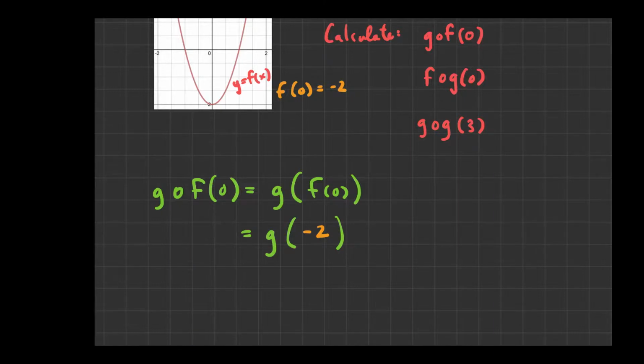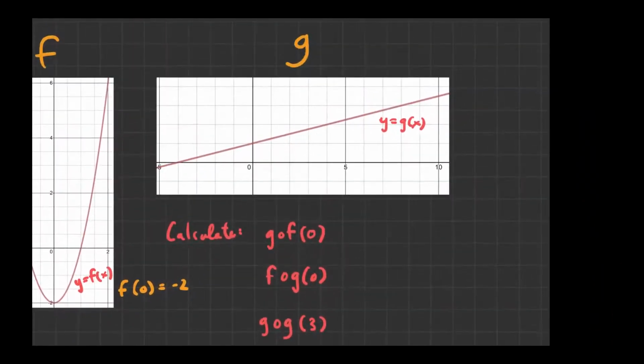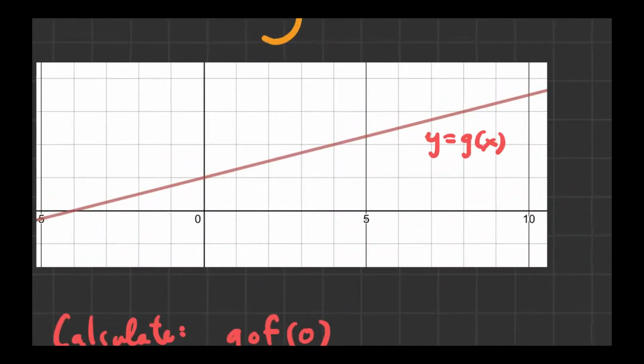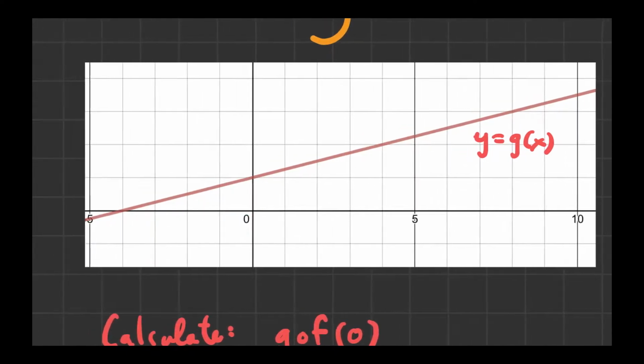Now I go to the next function. Now I go over to G. So now I'm looking for -2 on my x-axis. Here's 0, -1, -2, right there. It looks like this is a linear function, a straight line. And it looks like between -4 and 0, I go up 1.